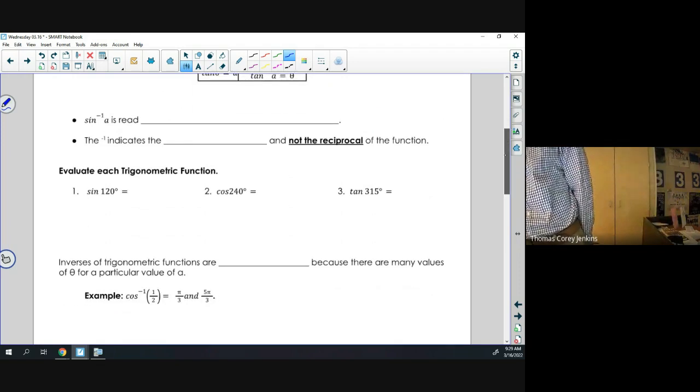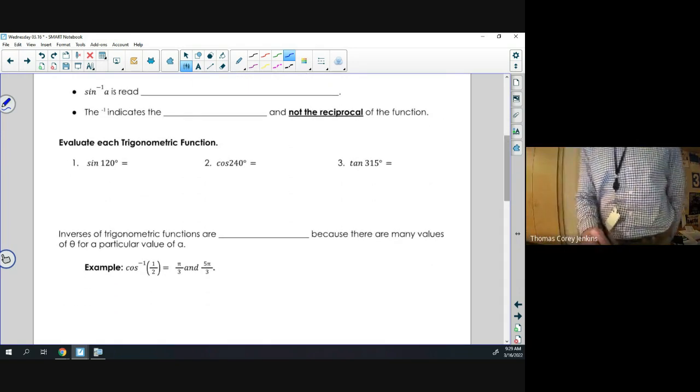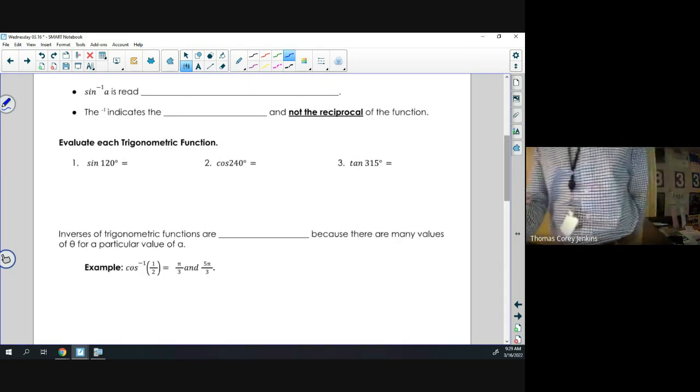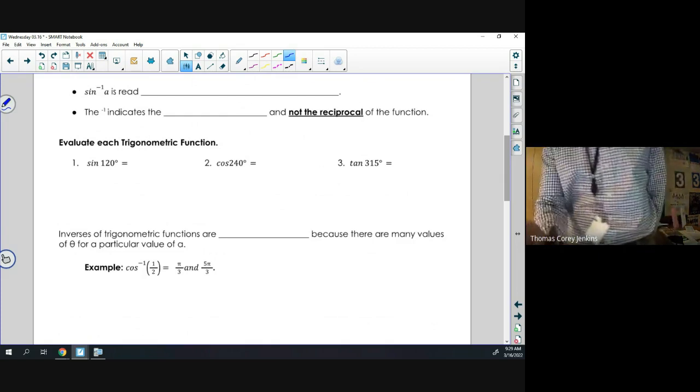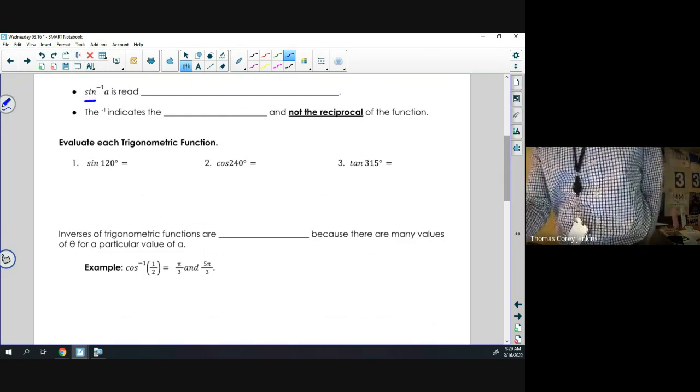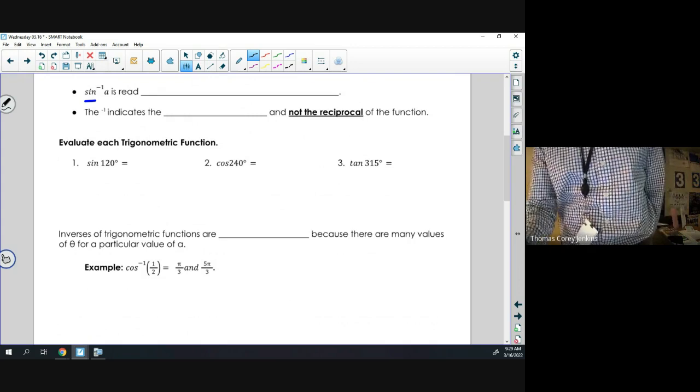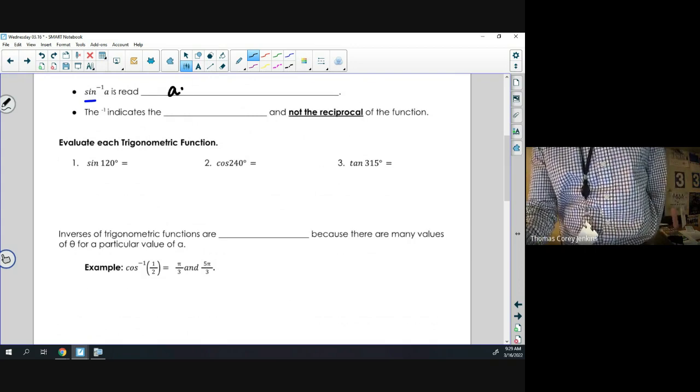And moving on. Okay, so what does it mean? How do we read it? So one way to say that is the inverse of sine. The easier way to say it is arc sine, ARCSINE.